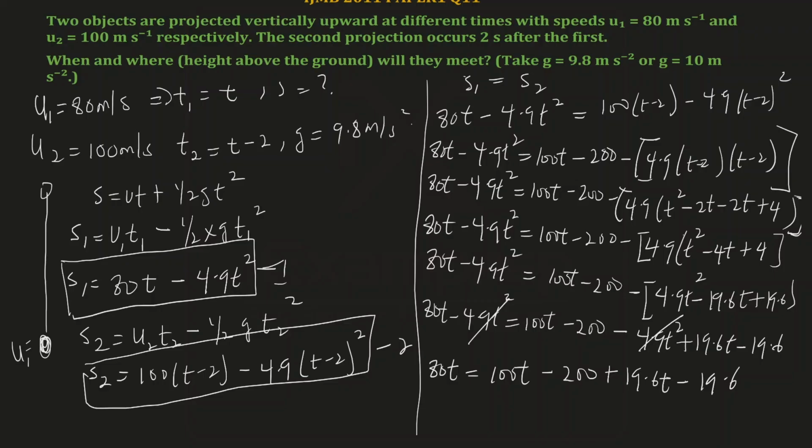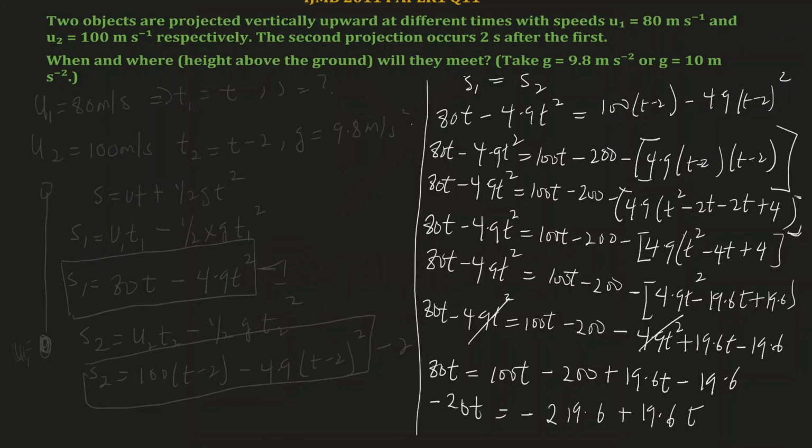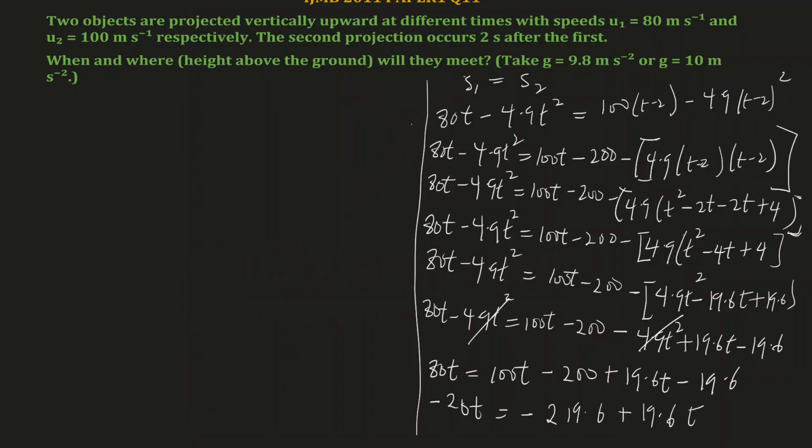Collecting similar terms, I'm going to subtract 100t from both sides. So 80t minus 100t gives us negative 20t equals negative 200 minus 19.6, which gives negative 219.6, plus 19.6t. In continuation, I'm going to subtract 19.6t from both sides.